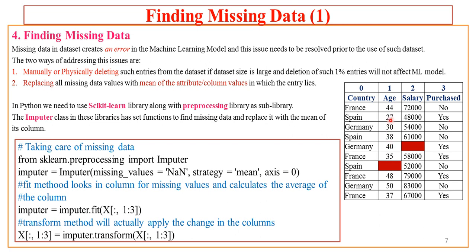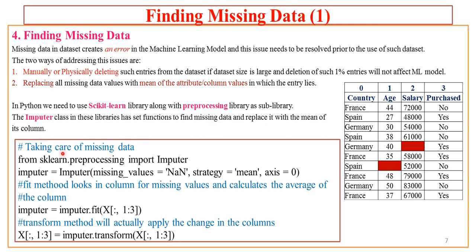Adding the average of all the remaining entries makes sense because it will help us do proper prediction rather than having no value. If we have an average, that is called the mean of the column, then that will make some sense.